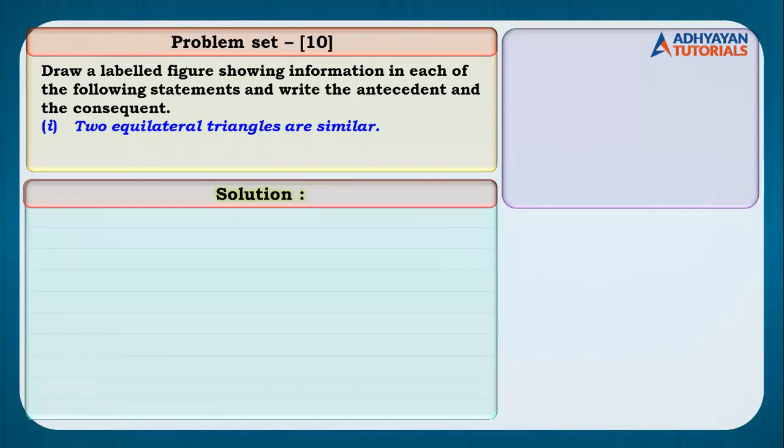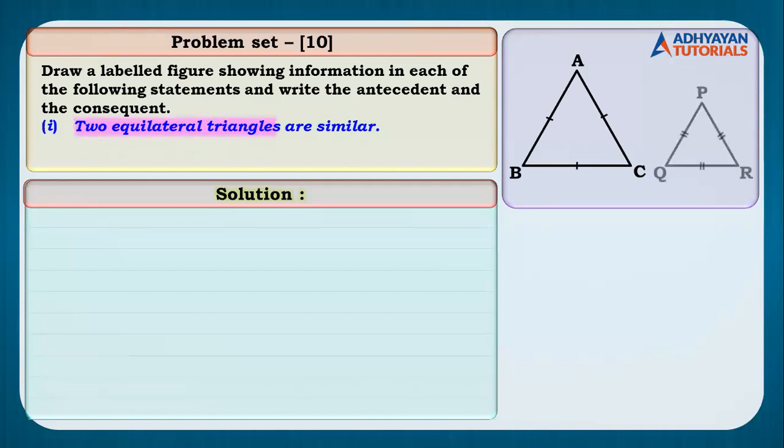The given here is two equilateral triangles. That's it, that much only is given. So we need to draw two equilateral triangles. I name those equilateral triangles randomly as triangle ABC and triangle PQR. I hope everybody knows what equilateral triangles are.